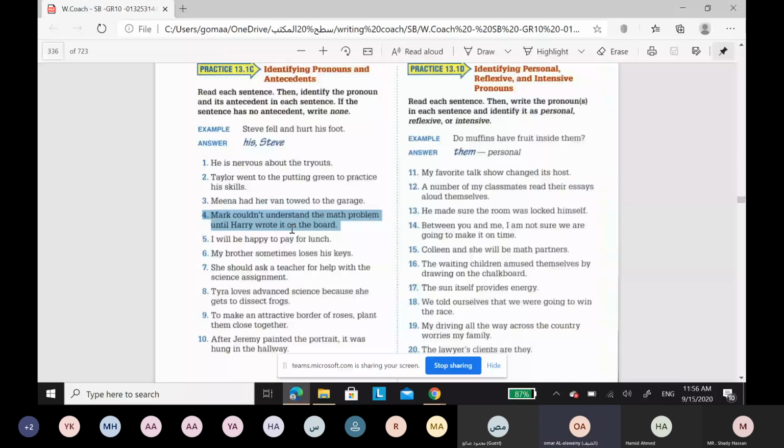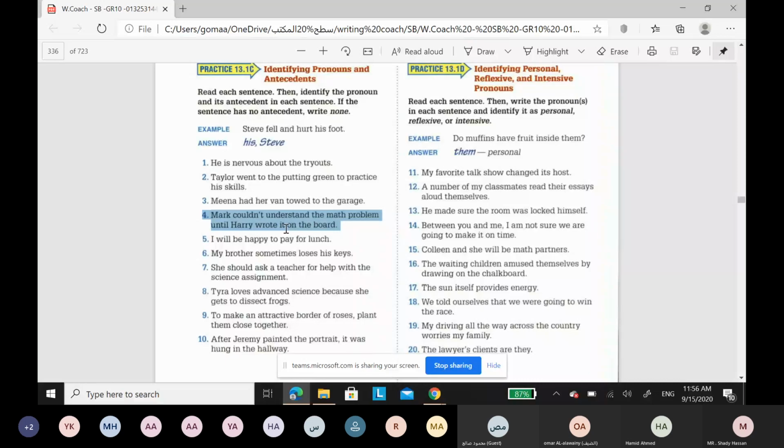I can't refer to the person with the pronoun it. It is for non-living things or animals. So I cannot say it for Harry or Mark. Okay, board? Board?